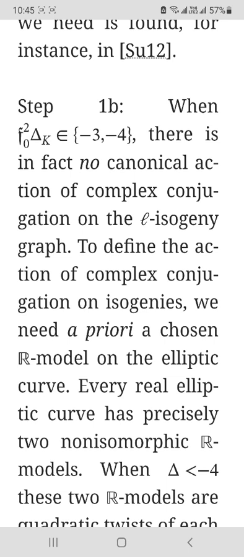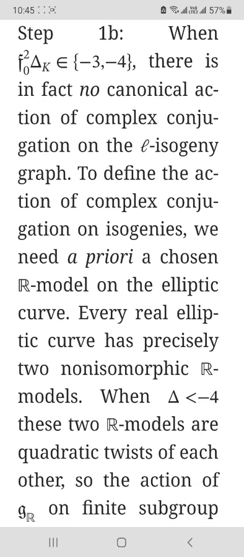Step 1B. When f0 squared delta K belongs to -3 or -4, there is in fact no canonical action of complex conjugation on the L isogeny graph.